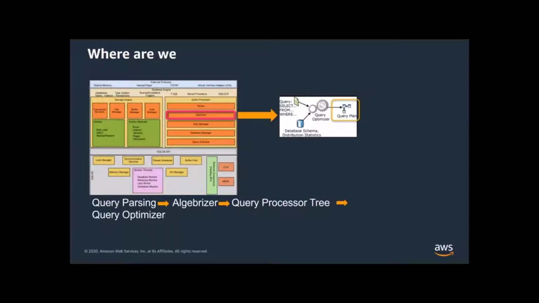After that comes the query processor tree, which is the format that the query optimizer will recognize, and then the query optimizer will generate the plan. The plan, as I said before, is binary. It uses all the statistics to help guide the plan.